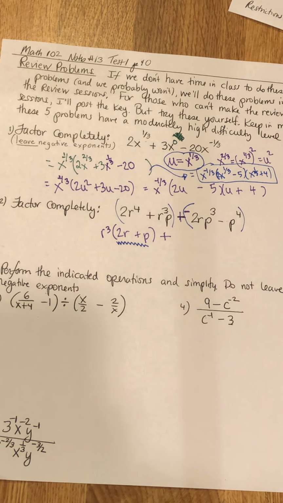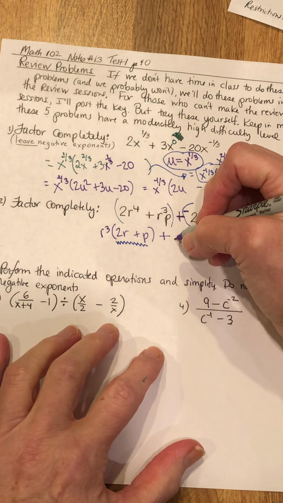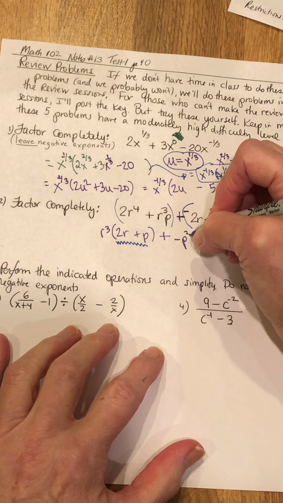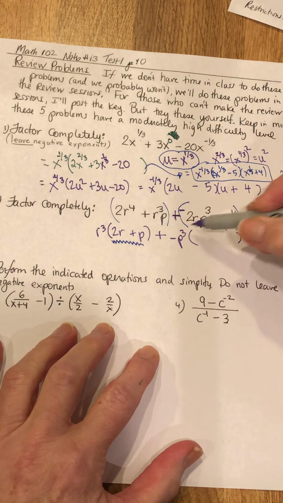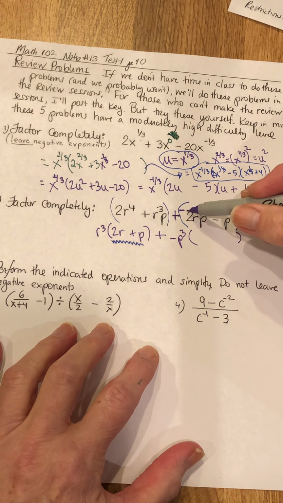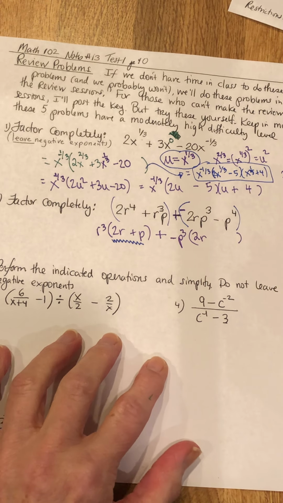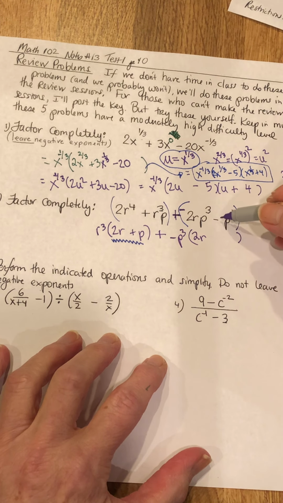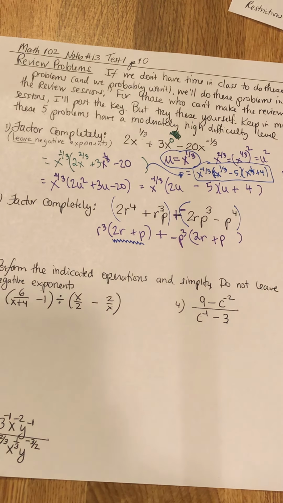So let's see, what's common? P cubed. So I'm going to take it out as negative p cubed. And so negative p cubed times what would give me negative 2rp cubed? That would be a positive 2r. Negative p cubed times what would give me negative p to the 4th? That would be a positive p to the 1st.